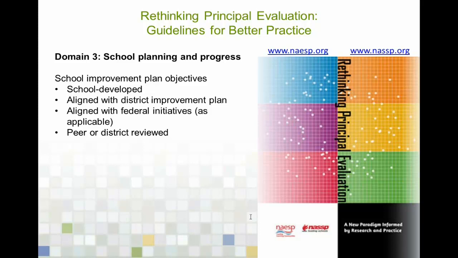We would forfeit perhaps the opportunity to look at what principals have direct control over. And principals, if you remember the ripple effect slide, do have direct control over school planning and progress. Principals work with the staff and perhaps the superintendent to develop each year a school improvement plan that has objectives for what needs to be accomplished this year.